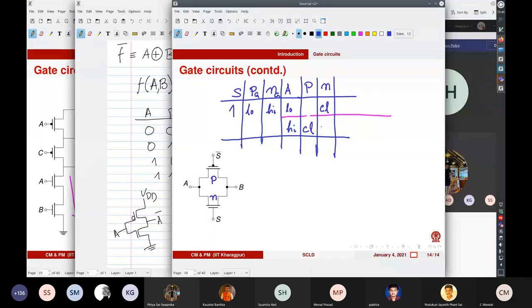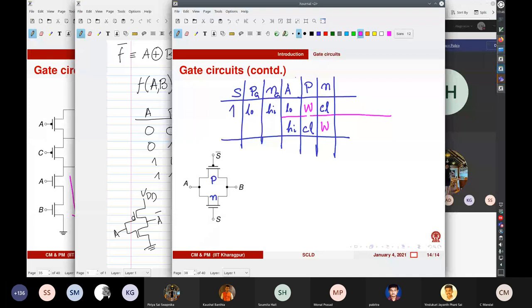So you call it weak. In this case, the channel formation is weak, but in this case, the channel formation is strong.